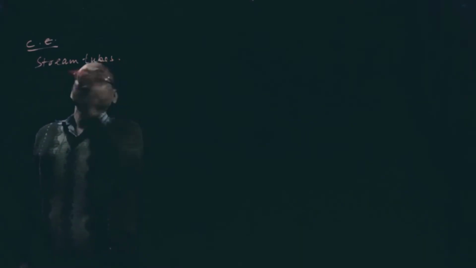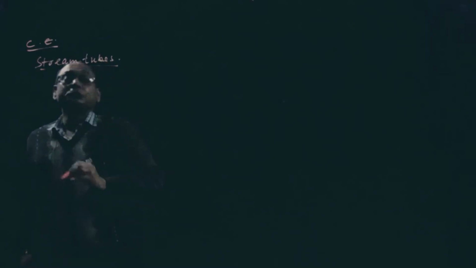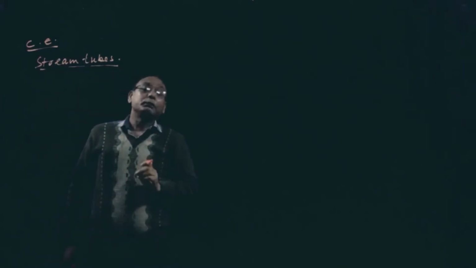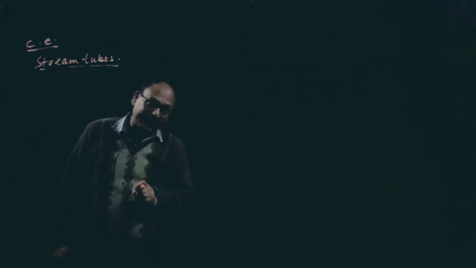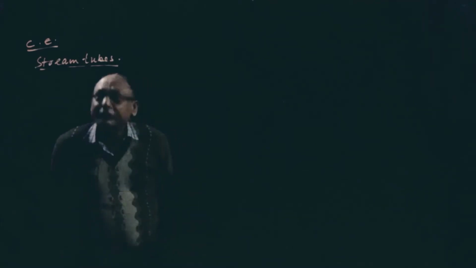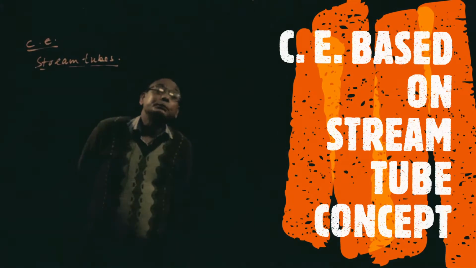So there are two ways by which we can derive the continuity equation: the control volume approach, which we derived yesterday, and now I am going to derive it based on the stream tube concept.